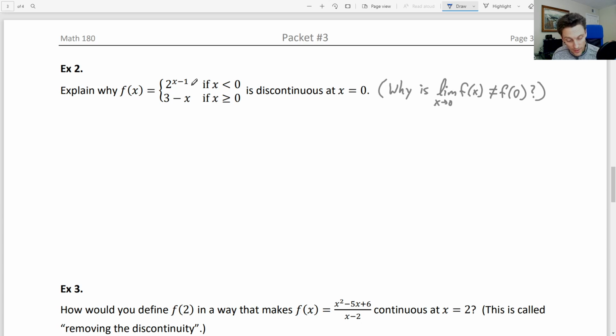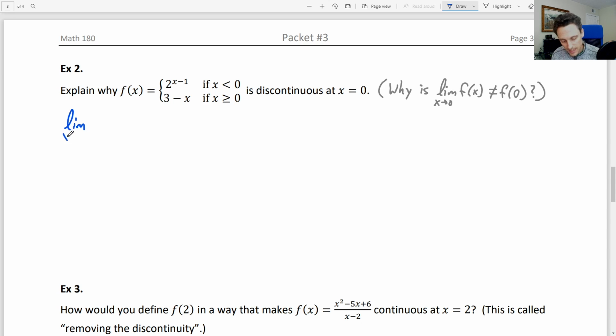So let's try to figure out what the limit as x approaches 0 of this function is. Now to do that, we're going to have to approach it from the left and the right sides, because the formula is different coming in from the left and from the right of x equals 0.